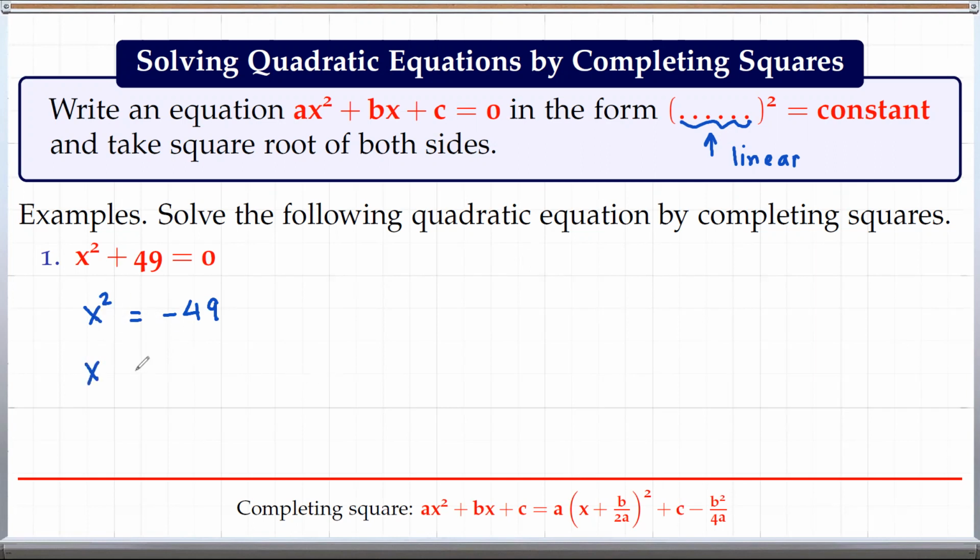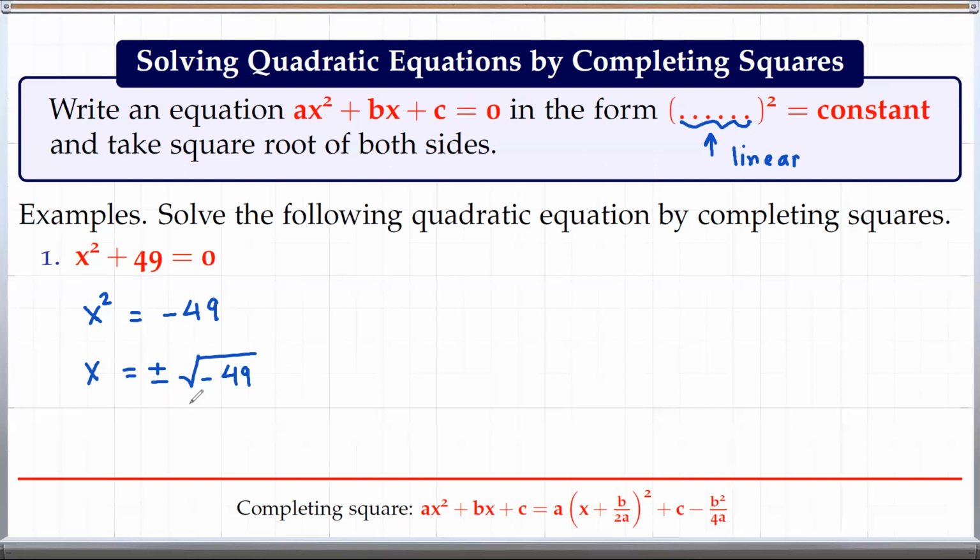On this side, you will have just x left, and on this side, we have square root of negative 49. And whenever we take square root, we get plus or minus, because both positive and negative squared will give us the original value. So we get x equals plus or minus square root of negative 49.